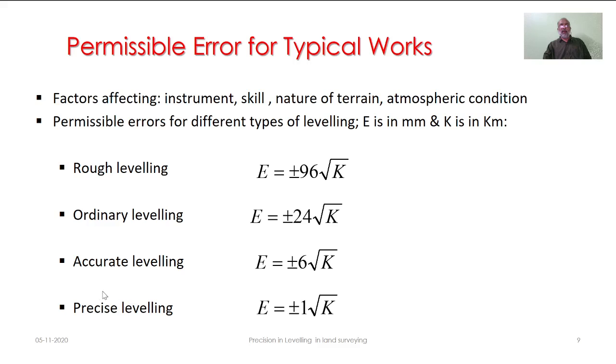For the category precise leveling, it expects 1 millimeter error as permissible error per 1 kilometer distance traversed by the equipment. But even in precise leveling, there could be different classes which would allow you to have this expression revised as 4 root k, 8 root k, 12 root k, and accordingly.